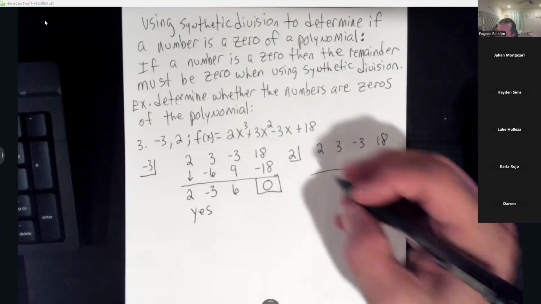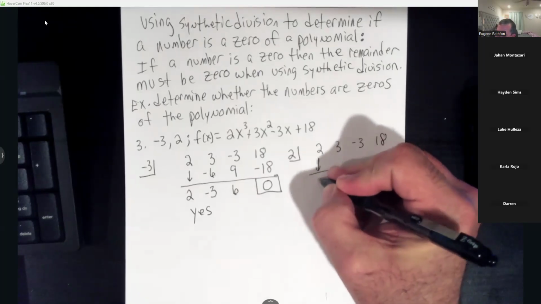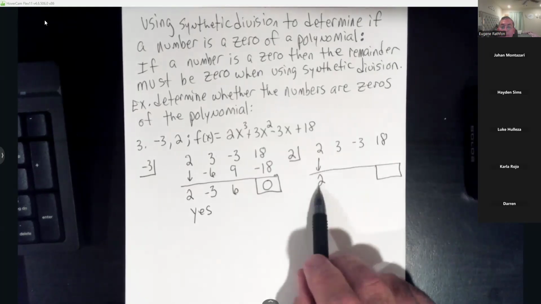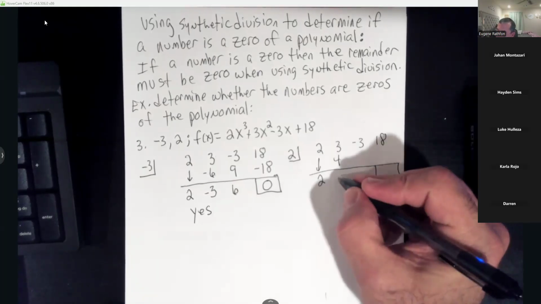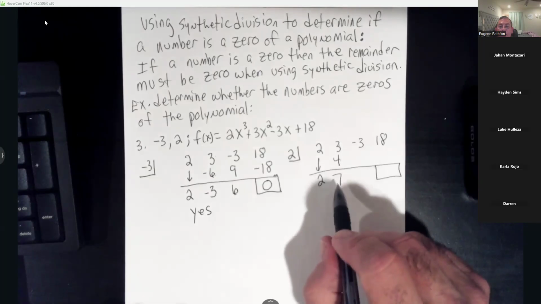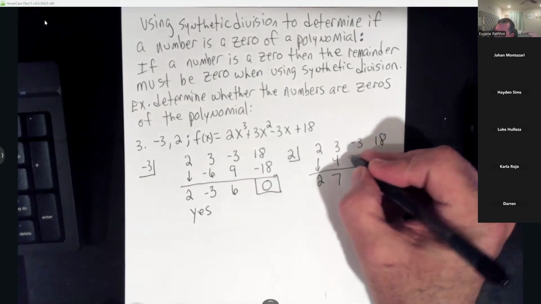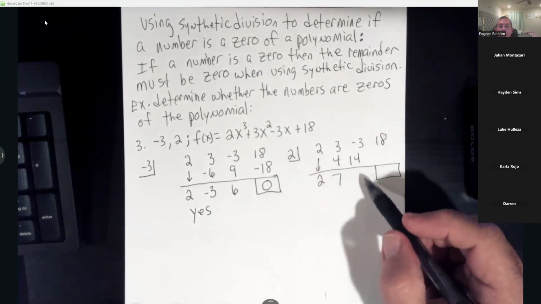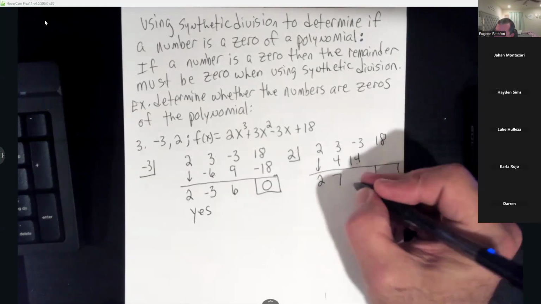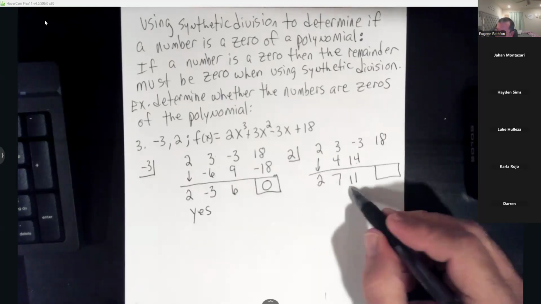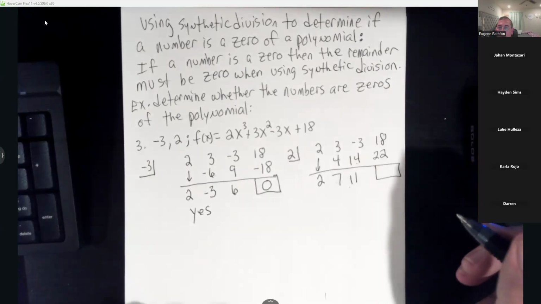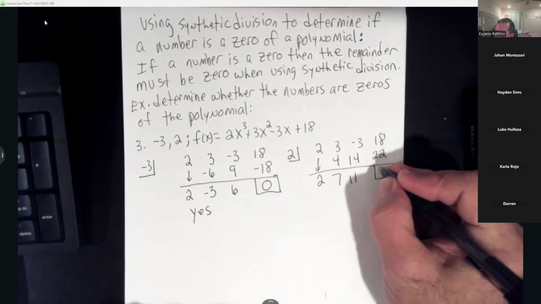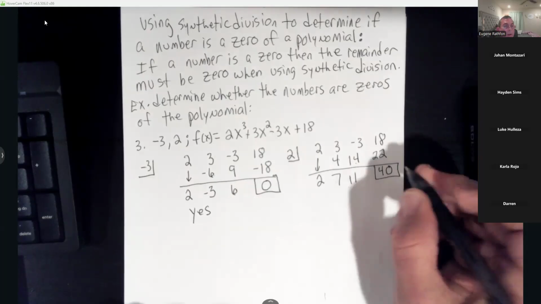So y'all are saying no? All right, Darren, so let's check you. Y'all brought that 2 down. So 2 times 2 is 4. 3 plus 4 gave me 7. 7 times 2 is 14. Let's see, 14 and -3 gave you 11 here. 11 times 2 was 22. So Darren, what'd you end up with? It looks like 40 there?